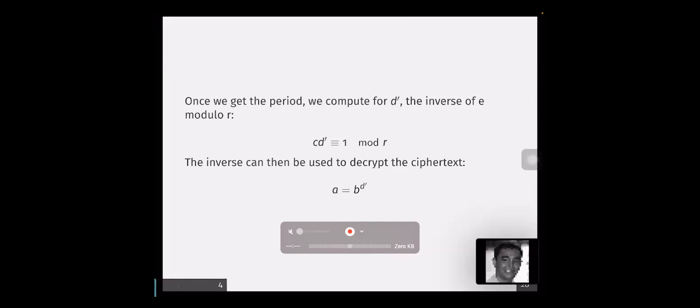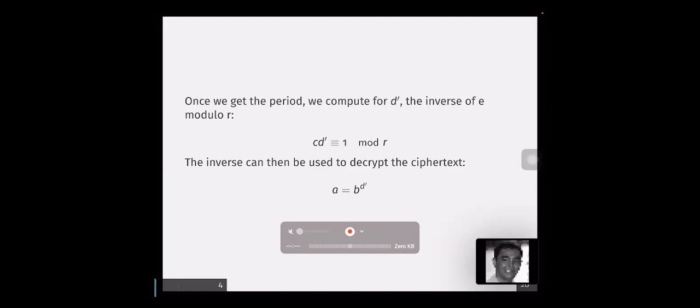Next, once you get your period, what you'll do is get the inverse of c modulo r. Notice that our modulo has now changed. Before it was n, then it became p minus 1, q minus 1, and now it became modulo r.